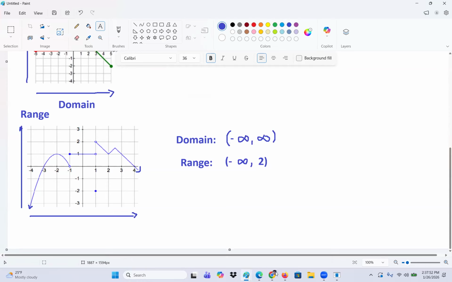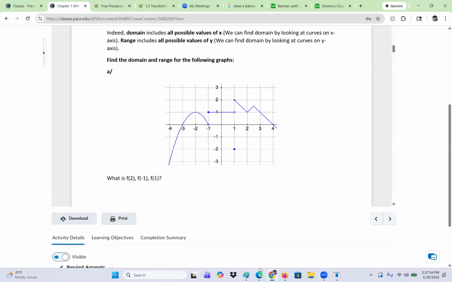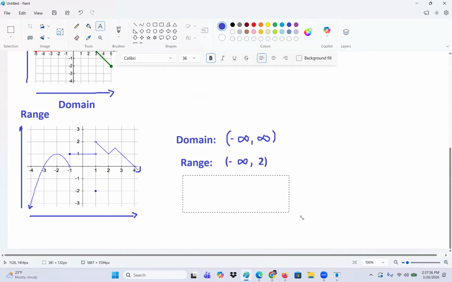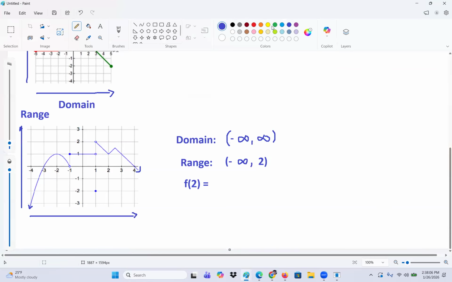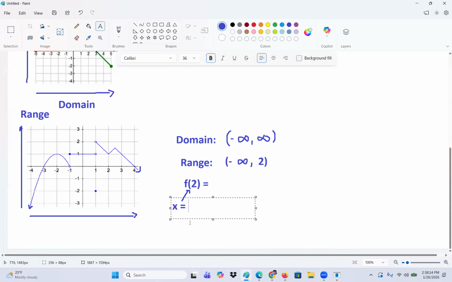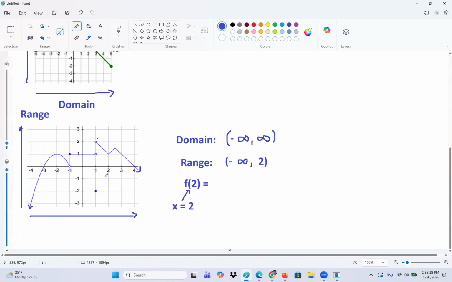Okay, so let's find f of 2, f of negative 1, f of 1. In order to find f of 2, meaning when x equals 2, when the input equals 2, we have to go to the right, when x equals 2 right here.